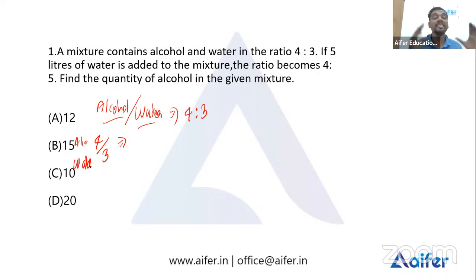We can't add directly to the ratio 4:3, because the ratio may be the simplified fractional form of the original ratio. Instead, we can make 4/3 as 4x/3x.